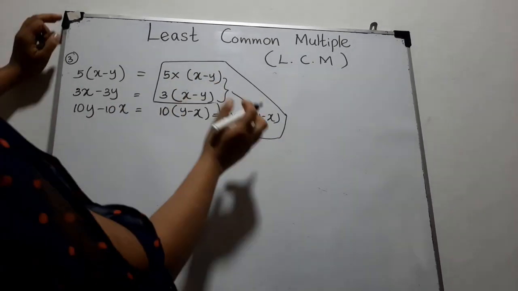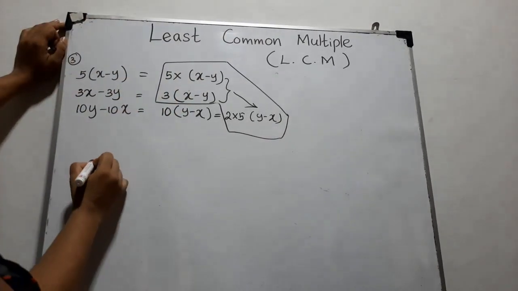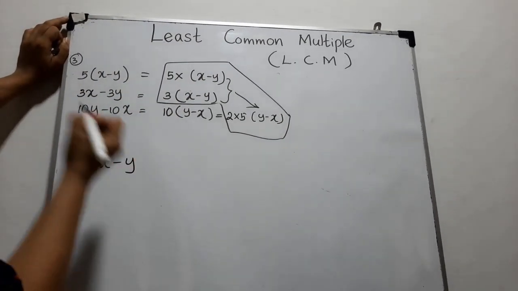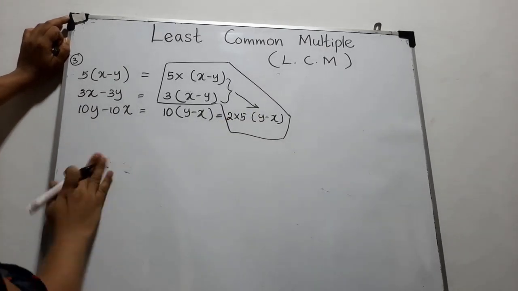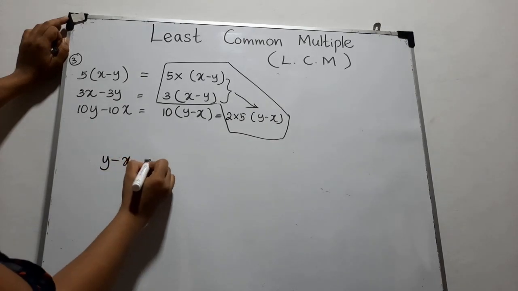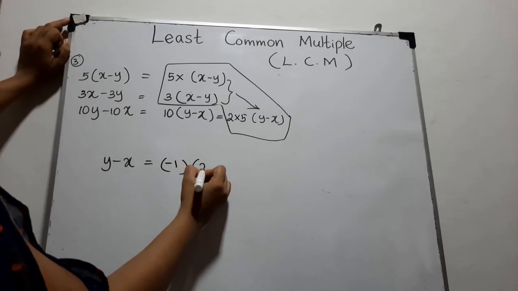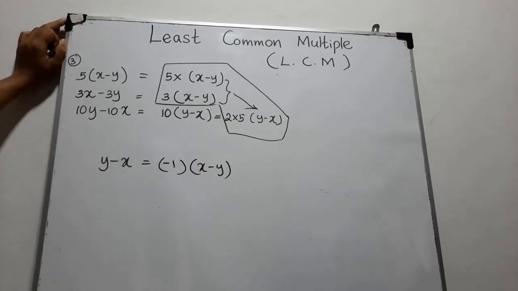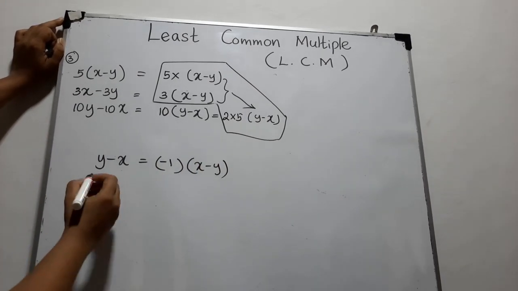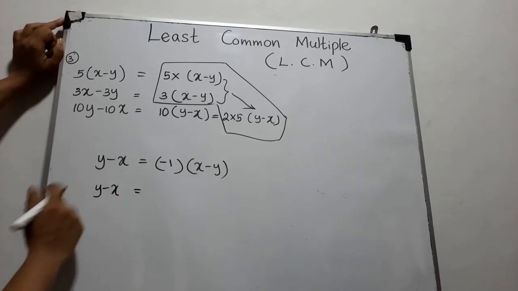Here you have to learn a special fact. The fact is, here x minus y, and here y minus x. y minus x can be written as minus 1 times x minus y. What have I done here? In y minus x, I take minus 1 as the factor.